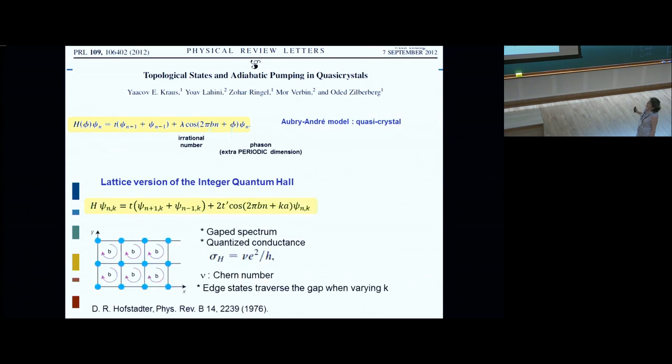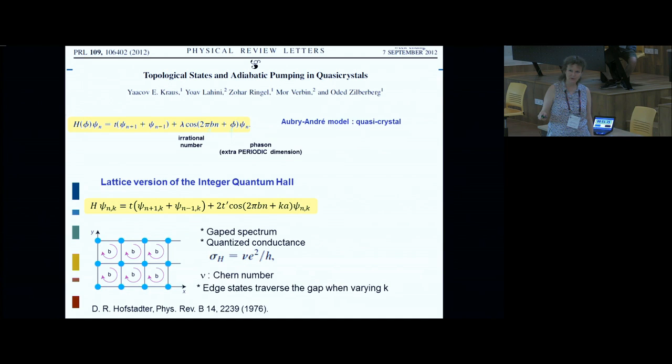Then they notice that in this very old paper from Hofstadter, there is an analysis of the integer quantum Hall effect using a square lattice, where when you go around a unit cell, you acquire a flux, which is named phi in the paper, but since phi is our phase, I named it B. And what is very interesting is that the two models are exactly the same.